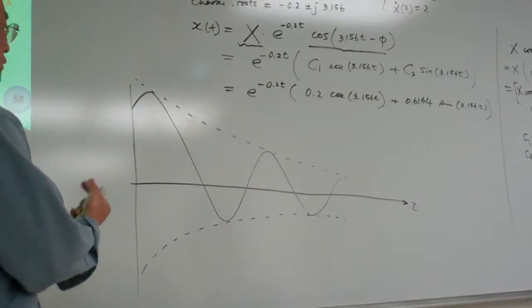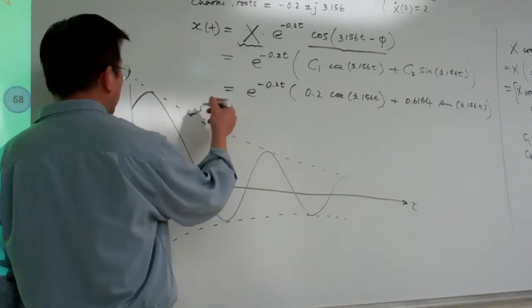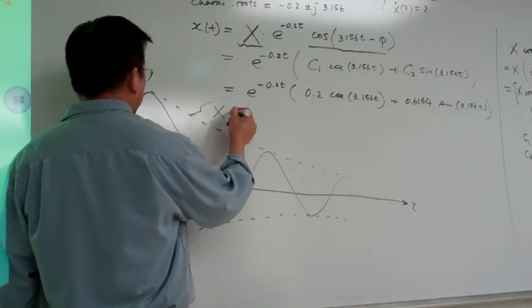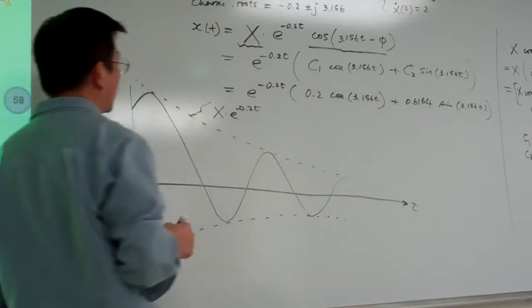The oscillation will be something like this, and again, this exponential envelope is capital X times e to the minus 0.2t.